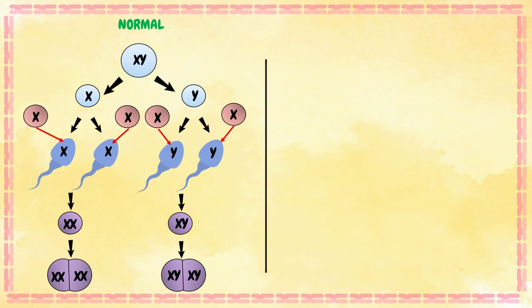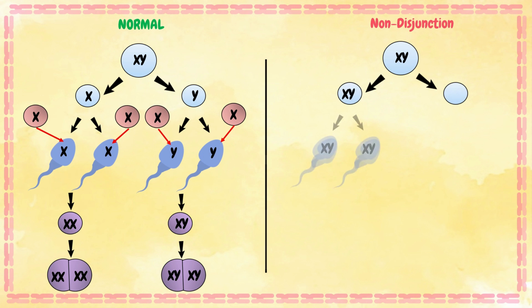Now, let's discuss meiotic non-disjunction. As we know, non-disjunction is the failure of the chromosomes to separate, which produces daughter cells with abnormal numbers of chromosomes. After meiosis 1, there is non-disjunction. Then meiosis 2 occurs. Sperm with XY chromosome and sperm with no chromosome are produced.